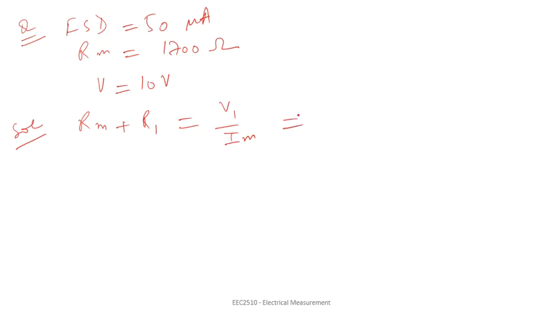That means R1 will be nothing but 10 volt over 50 microampere minus 1700 ohm, which is 198.3 kilo ohm. So this will be the value of R1.